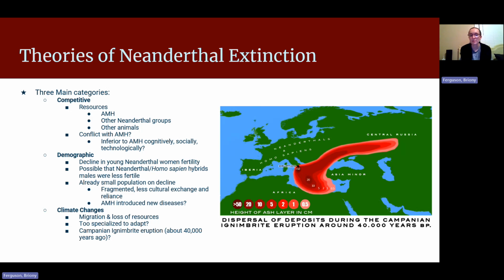But there is also a possibility, and this is still being actively looked into and studied, but we're seeing some evidence that Neanderthal and Homo sapien hybrids, at least the males, were less fertile.